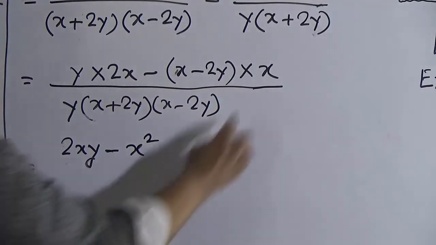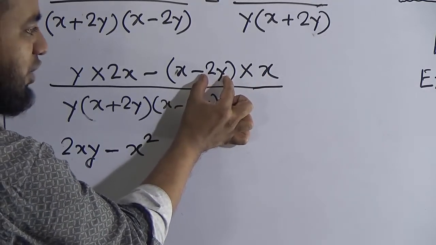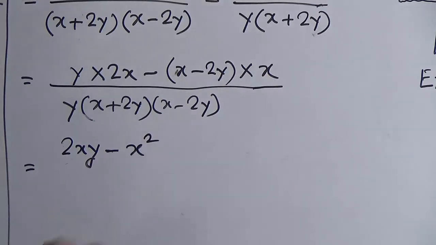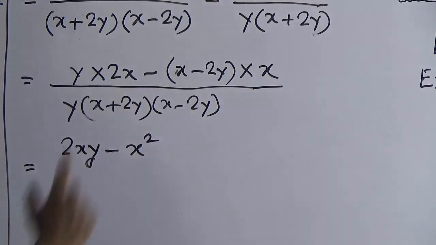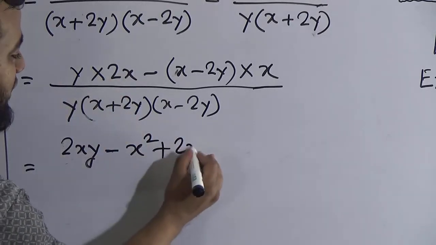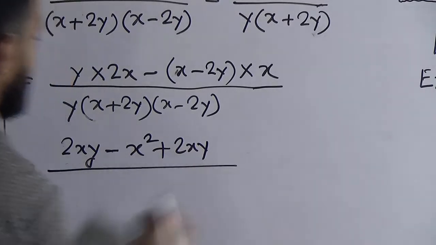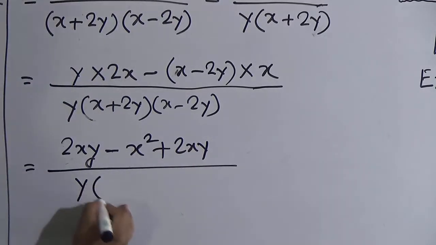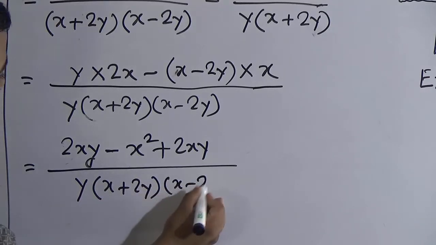And also this x is distributed with the minus twice y. So minus twice y multiply x will be minus twice xy, and with the minus sign in front it will be plus twice xy. I hope you have understood, my dear students. Now the denominator will remain unchanged. It's y into x plus twice y into x minus twice y.